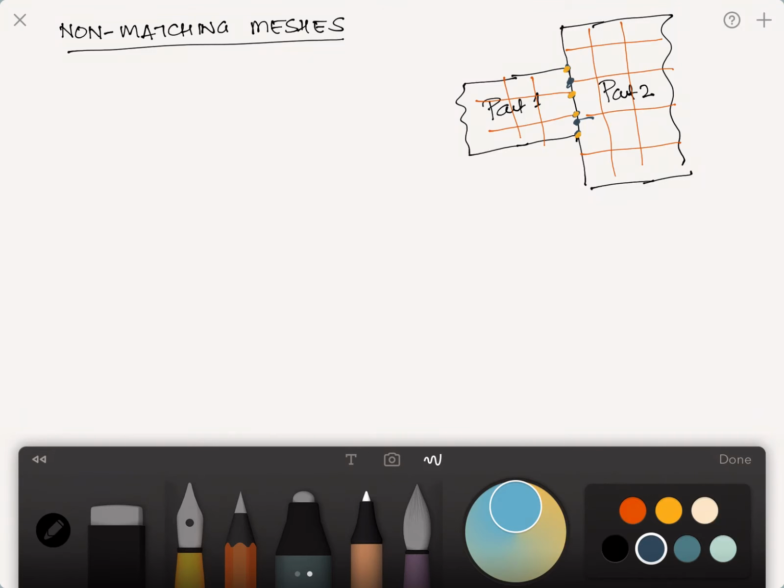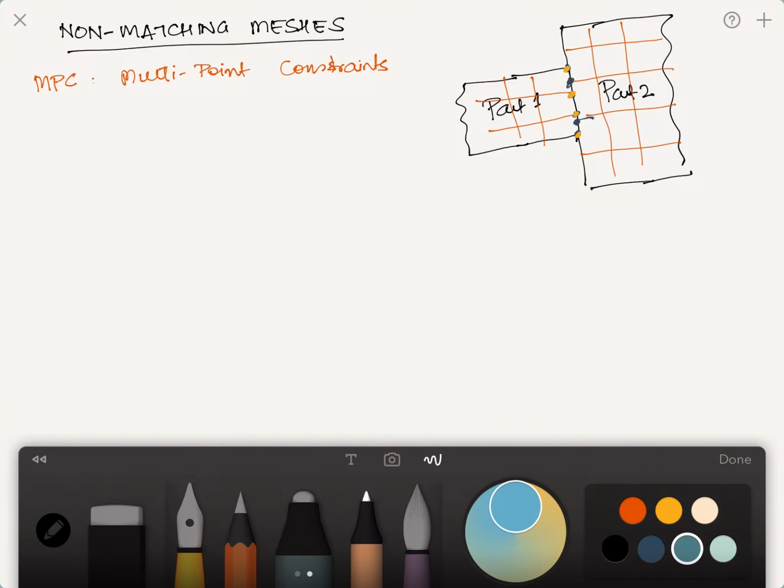Now, the way you do it is a mathematical trick, and that is called MPC, or multi-point constraint. Now you may ask, this is a new term, multi-point constraint, but I don't even know what a single point constraint is.